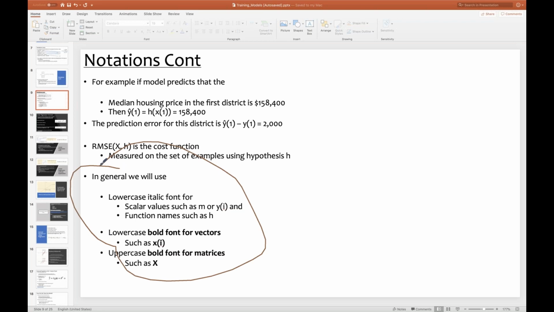If a letter is bold font, lowercase, that is a vector. Again, guys, if a letter is given in bold lowercase, that is a vector. A vector is nothing but all the input features represented in matrix form. Like that, you have uppercase bold font, such as matrices. A matrix is nothing but a matrix representation form.